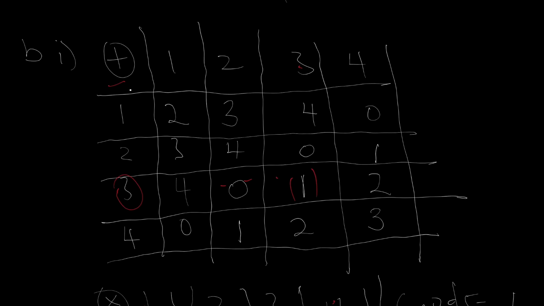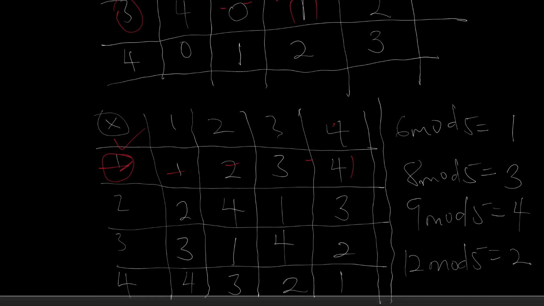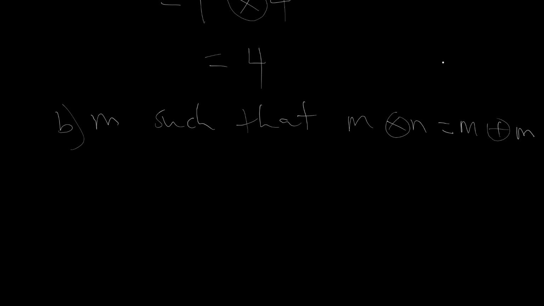So let's move to the table. If m is 1, what we are saying is that 1 times a certain number should be equal to 1 plus 1.